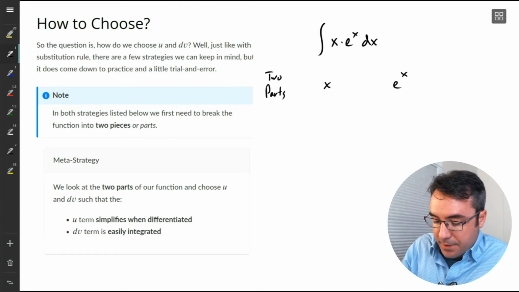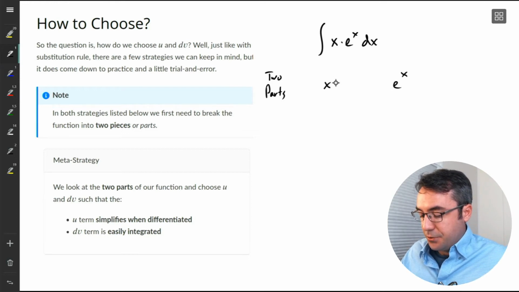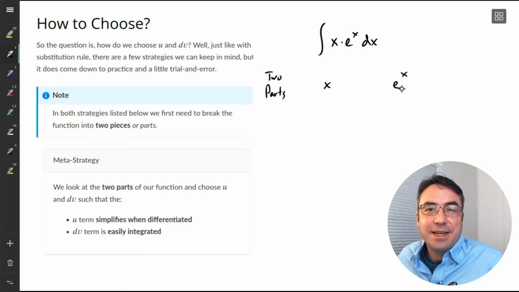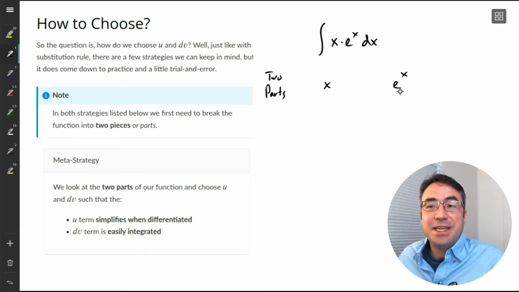So if I were just considering these two, which one should I pick for u? Well, differentiating x gives me 1, so that simplifies a bit. Differentiating e to the x doesn't really simplify at all. The derivative of e to the x is just e to the x. So this part of our function simplifies more when we differentiate it.